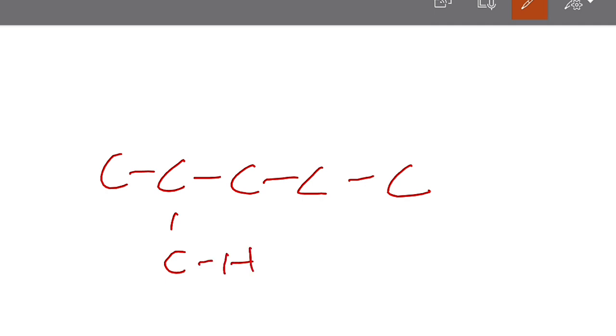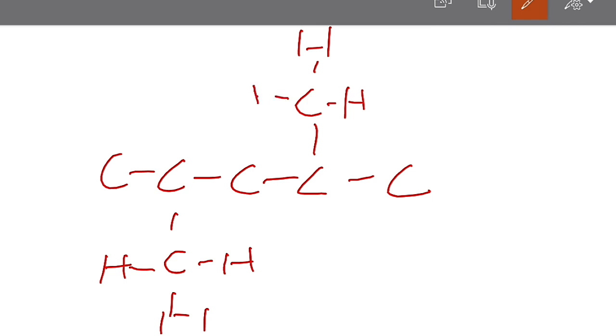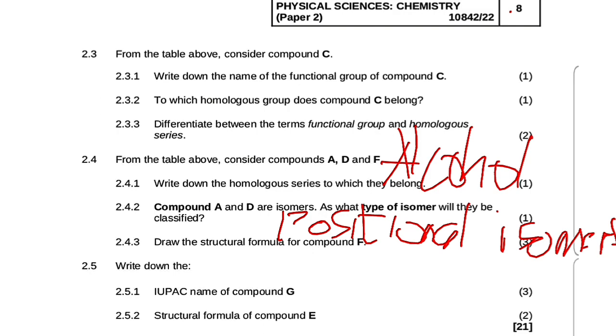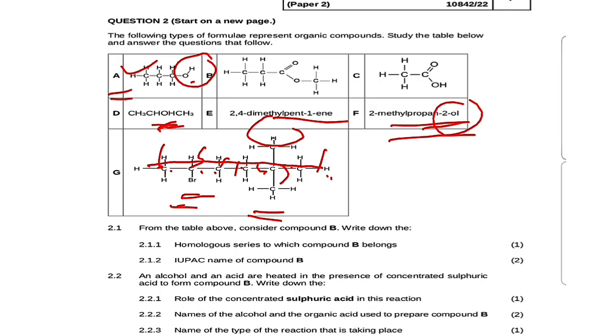So a methyl branch in 2, and also another methyl branch in carbon number 4. So that's 2,4-dimethylpent-1-ene. So we have a double bond.